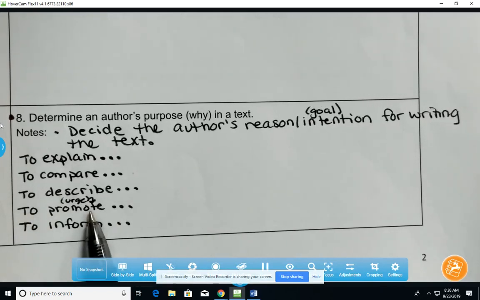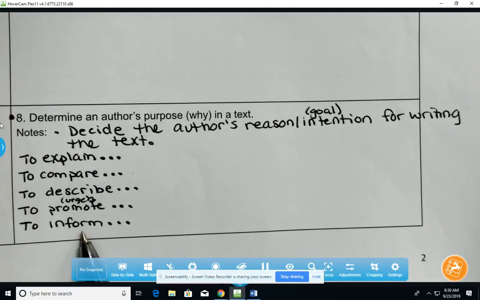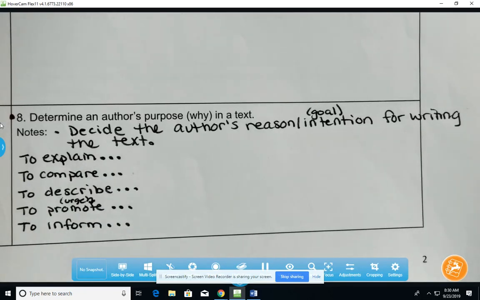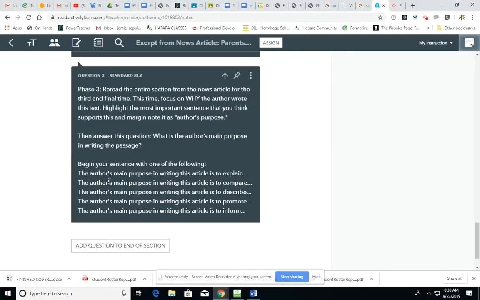To promote is getting into those persuasive or argumentative things, because to promote means to urge, to convince a reader of something. Or is it to inform? Were they informing us of some aspect? So I want you to begin that third and final phase answer, response, with one of those areas, please.